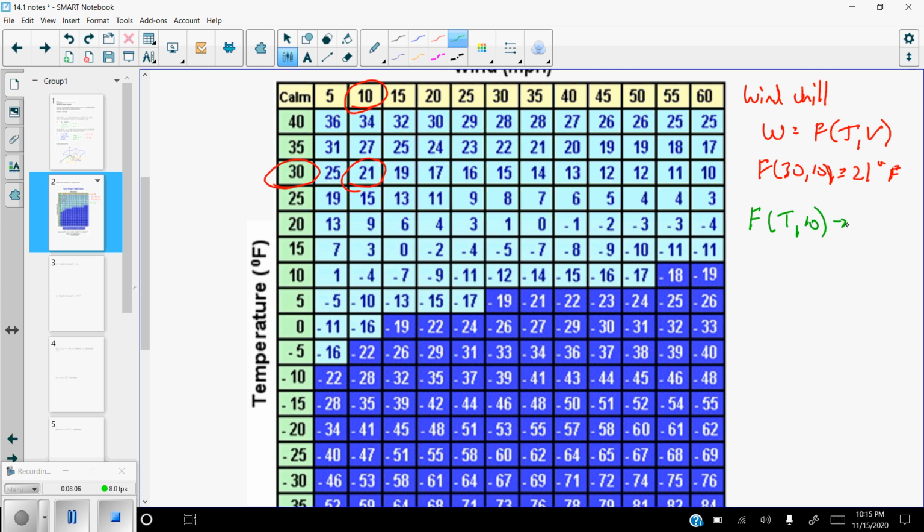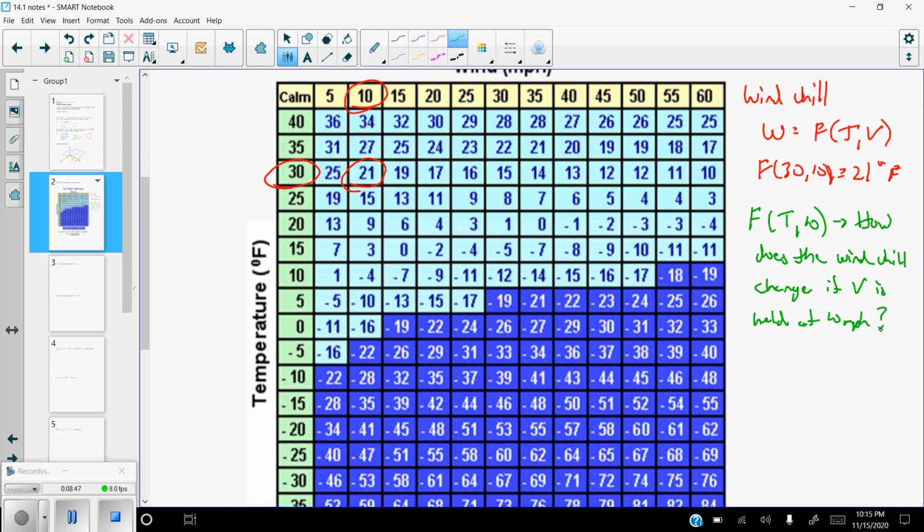Well, t is variable. Okay, t is going to change. The 10, however, I am holding constant. I'm not letting the 10 part change. So what this is actually trying to find is, how does the wind chill change if the velocity is held at 10 miles per hour?